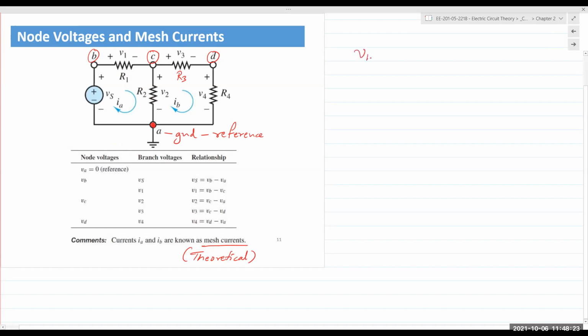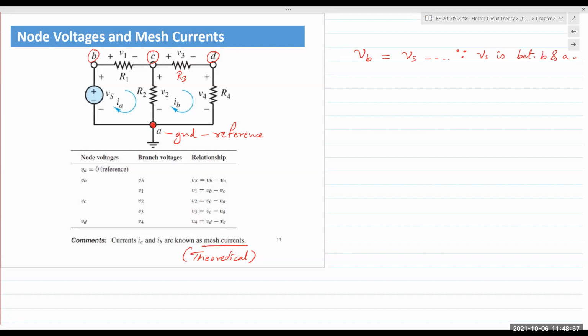The voltage at node B is equal to Vs, and this is because Vs is between B and A, just because A is a reference node. Does that make sense to everyone?